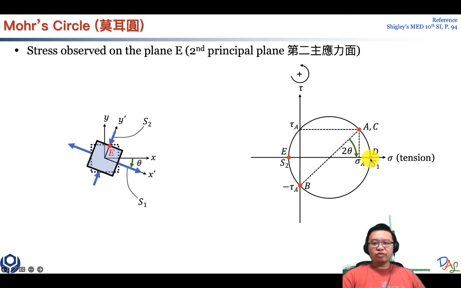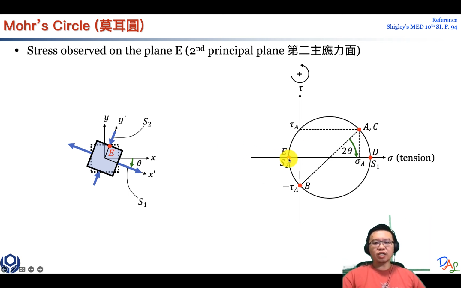If we rotate 180 degrees from this point to the other edge, we reach the E point. It also has a normal stress and no shearing stress, and it's also on this principal stress coordinate.